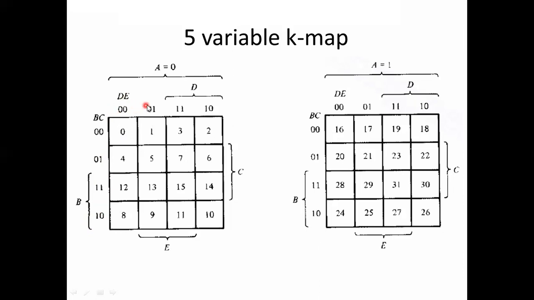Here also 0 0 0 1 1 1 1 0. The same four variables will be taken here also, but the value of A will be taken as 1. Based on the combinations in each cell, we get the values 0 1 2 3 like that. Let us draw, then you will understand how to take the 5 variable K-map.